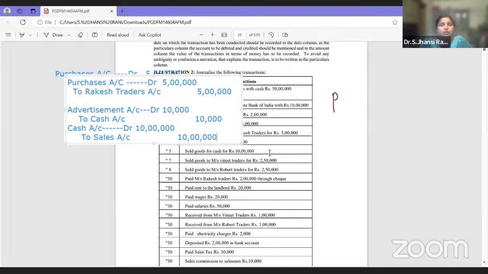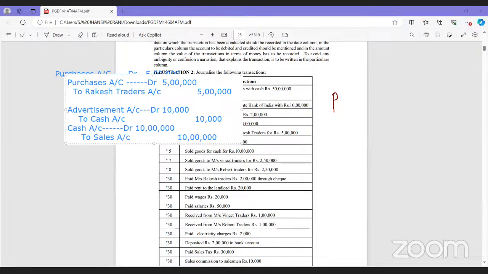So here, when goods are sold to Vinith traders for rupees 2,50,000, it is a credit transaction. Why? Because he is not giving us cash, but he will pay us at a later date.